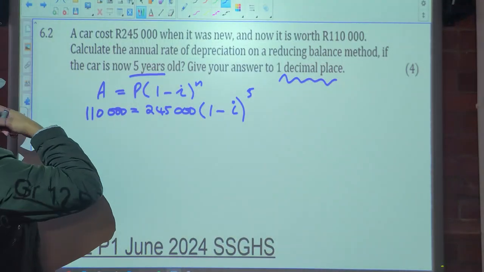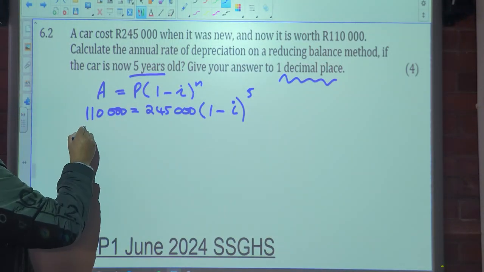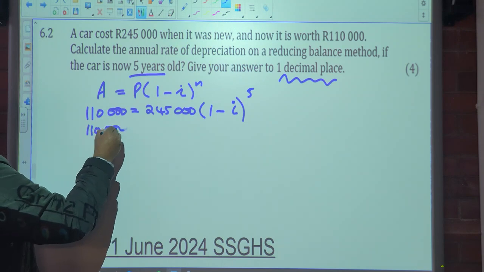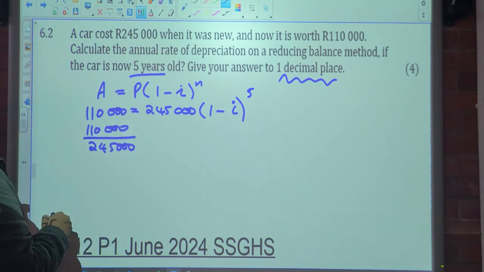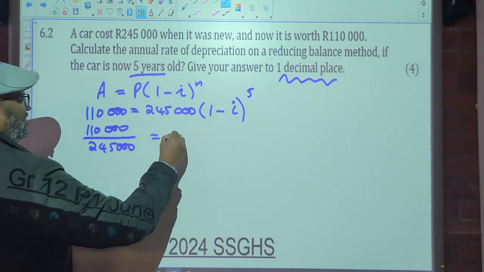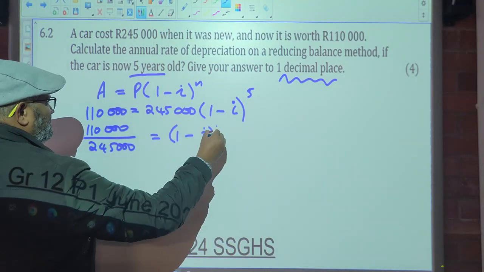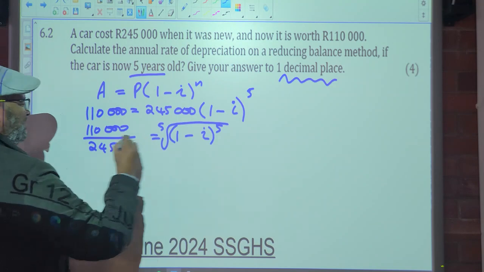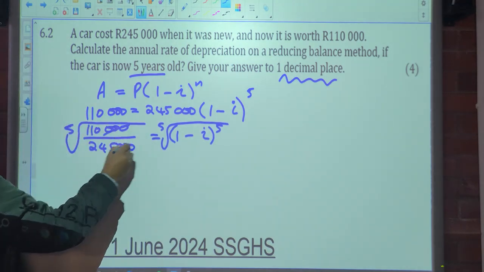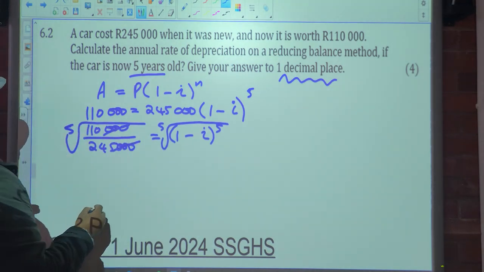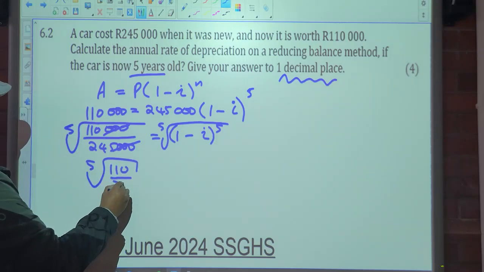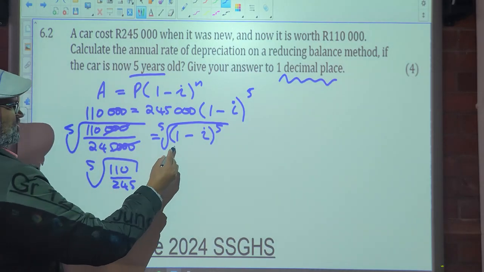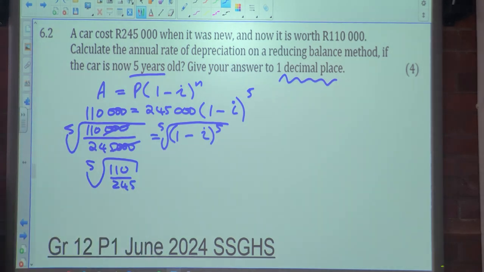I divide both sides by 245,000, so it's 110,000 divided by 245,000. Then what am I left with? 1 minus i to the exponent 5. Now I take the fifth root on both sides. The thousands cancel, and I'm left with the fifth root of 110 over 245, which is equal to 1 minus i.